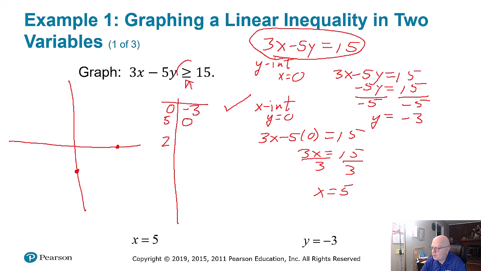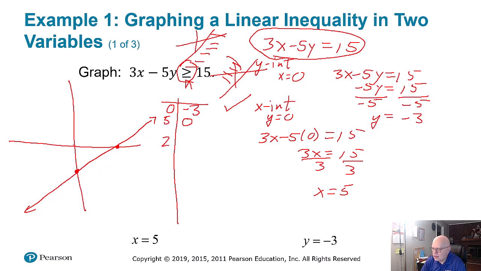Check back here. Yep, I'm supposed to make a solid line. So I'll connect those with a solid line, put an arrow at both sides. Now, the question is, does my graph look like this, or does my graph look like that? I'm going to check with a test point. And again, make it easy.